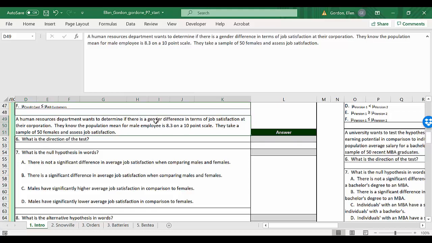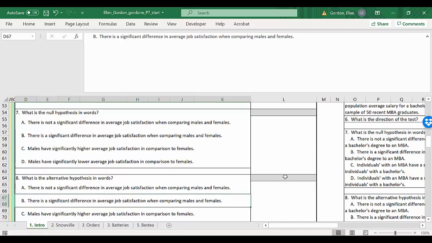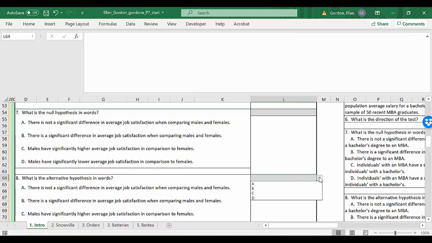They're just looking to see if there's a gender difference. So they're exploring it. They want to see what's going on, if males are greater or females are greater. So that would be a two-tailed alternative hypothesis. They're just going to state that they think or predict that there is a significant difference when comparing males and females.